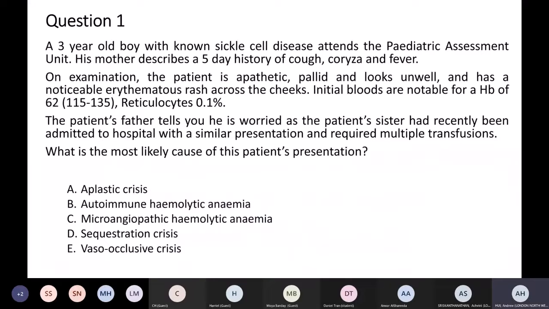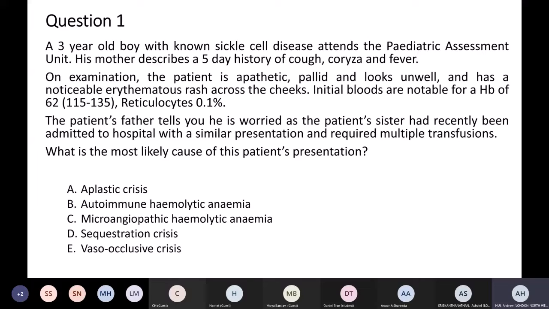I'll read it. A 3-year-old boy with known sickle cell disease attends the paediatric assessment unit. His mother describes a 5-day history of cough, coryza and fever. On examination, the patient is apathetic, pallid and looks unwell and has a noticeable erythematous rash across the cheeks. Initial bloods are notable for a haemoglobin of 62 with reticulocytes of 0.1%.